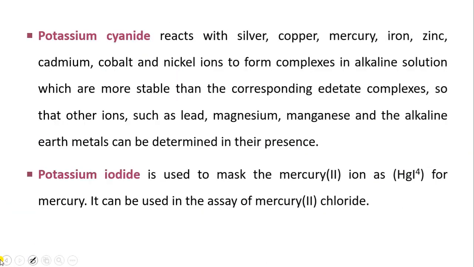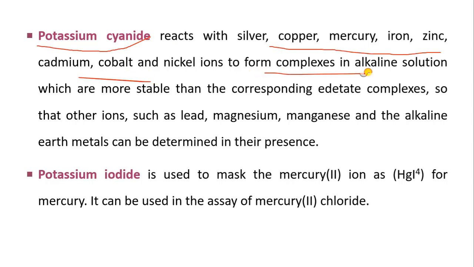Now we will see other examples of complex formation. If we add potassium cyanide, it will react with these metals and form complexes in an alkaline solution which are more stable than the corresponding EDTA complex. So other ions such as lead, magnesium, manganese can be determined in their presence.